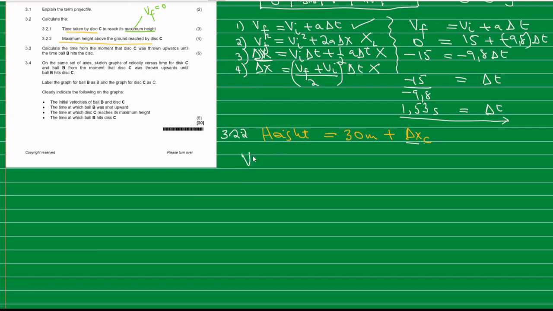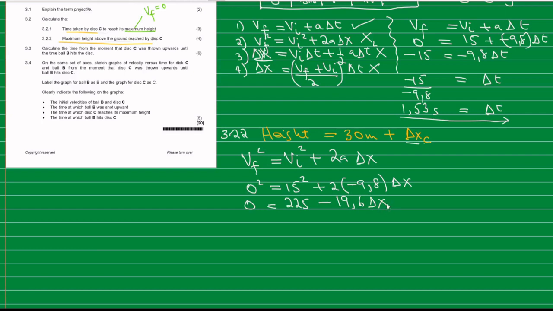So we have V final squared is equal to V initial squared plus 2A delta X. We know our V final squared is 0 squared because it reached a maximum, and our initial velocity is 15, squared, plus 2 times our acceleration, which is gravitational acceleration, negative 9.8 since it acts downwards, times displacement delta X. Multiply that out: this is 0, this is 225, 15 squared, minus 19.6 delta X.